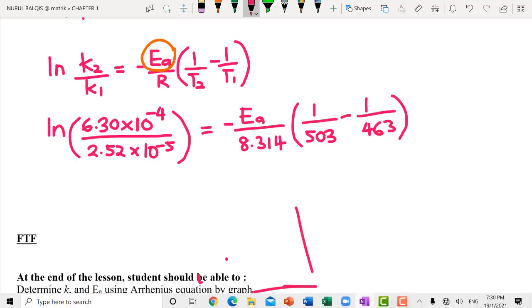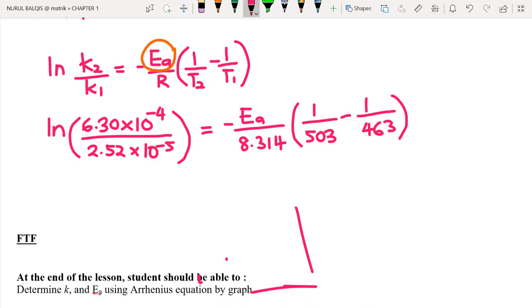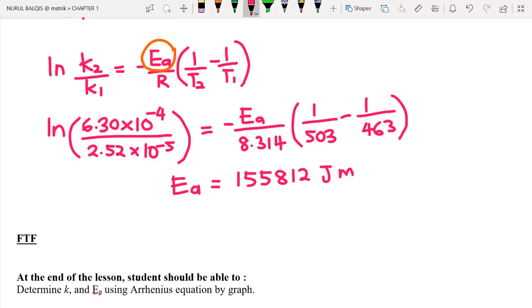And lastly, our EA is going to be 155,812. So the unit would be joule per mole.